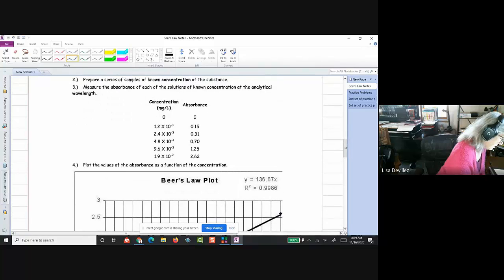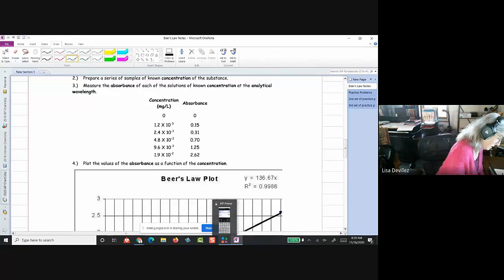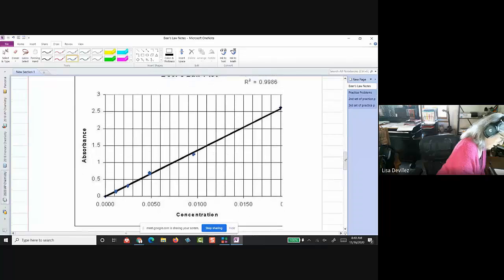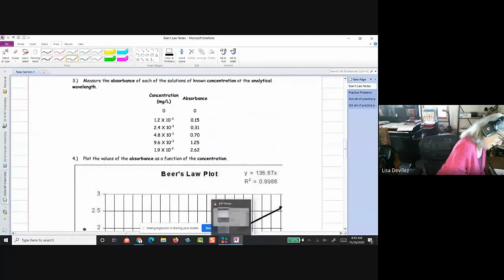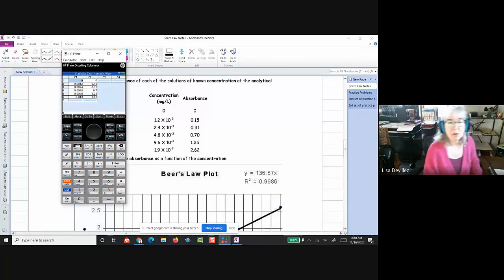We're going to start out by using this data here, concentration versus absorbance. Let me pull up mine. This is my HP Prime here. Absorbance is our Y and concentration is going to be our X. On the HP Prime, I would put in my data.